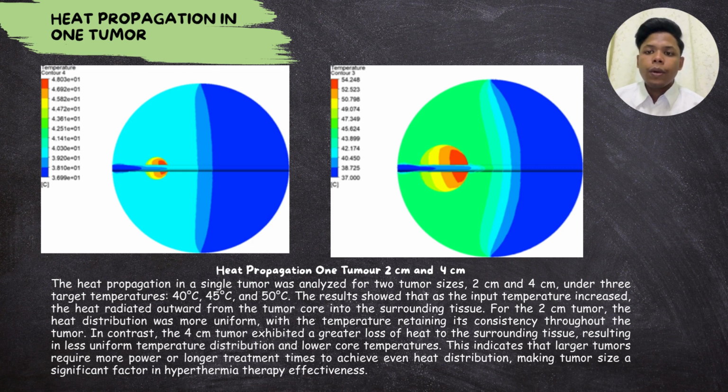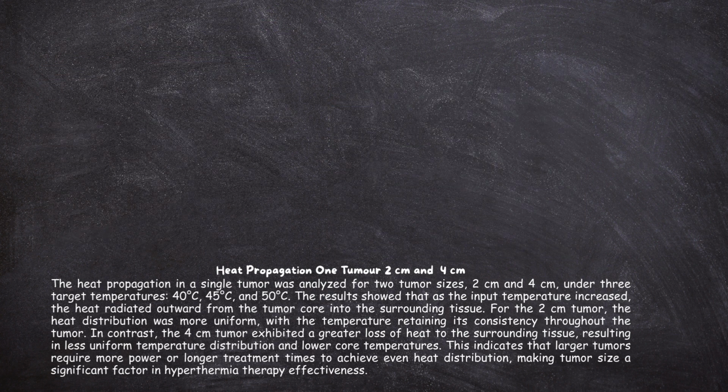In contrast, the 4 cm tumor exhibited a greater loss of heat to the surrounding tissue, resulting in less uniform temperature distribution and lower core temperatures. This indicates that larger tumors require more power or longer treatment times to achieve even heat distribution, making tumor size a significant factor in hyperthermia therapy effectiveness.